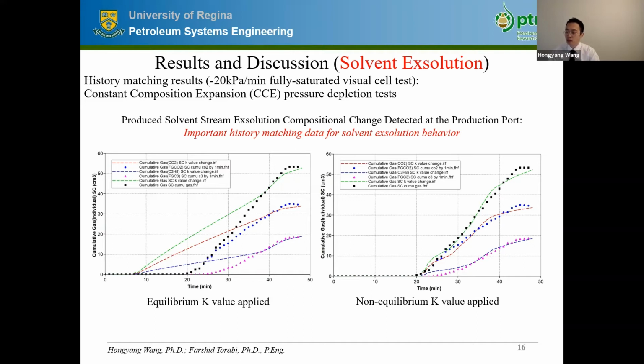But when the non-equilibrium K value was applied in the simulation, the history match was finished, and you can see the curve was history matched.